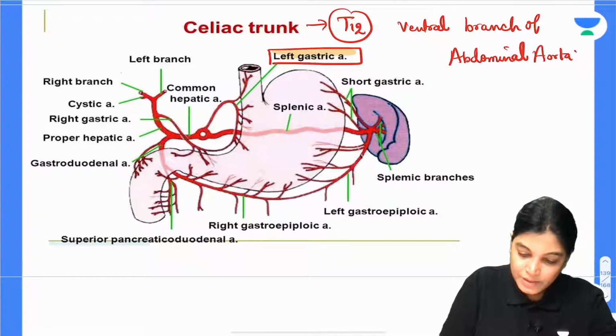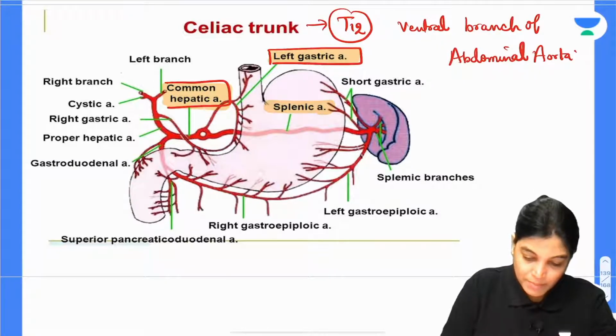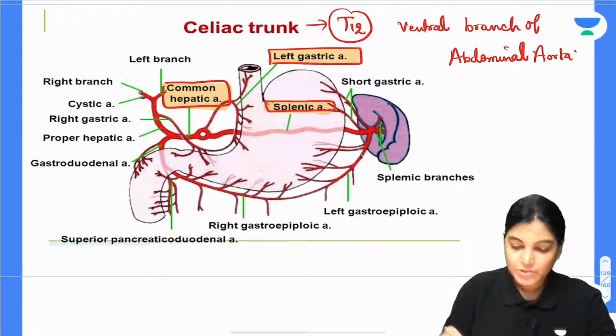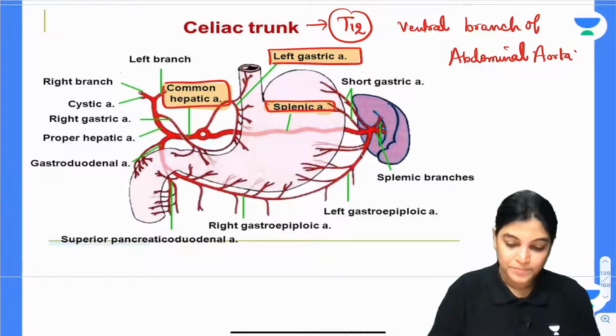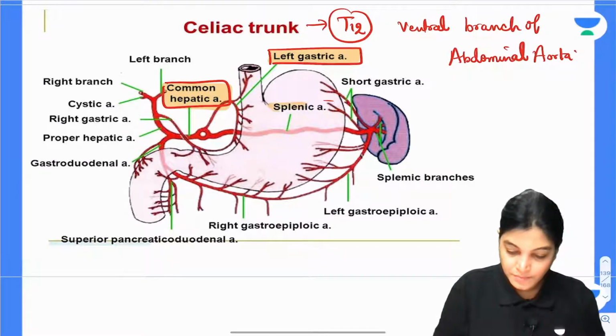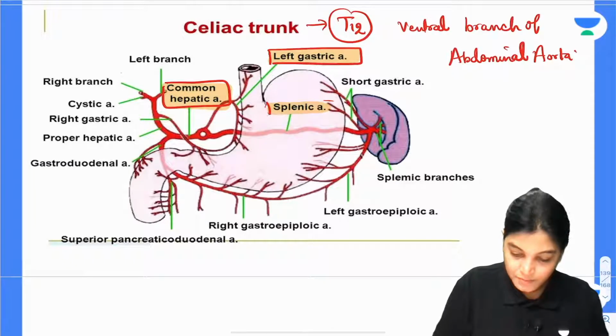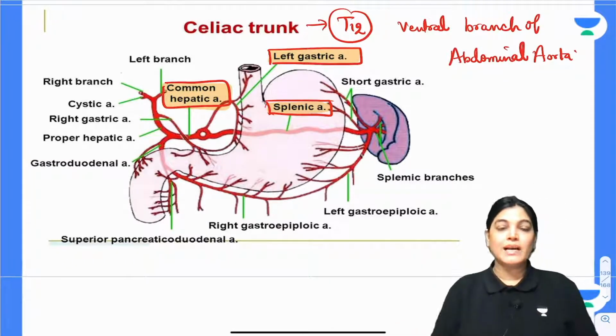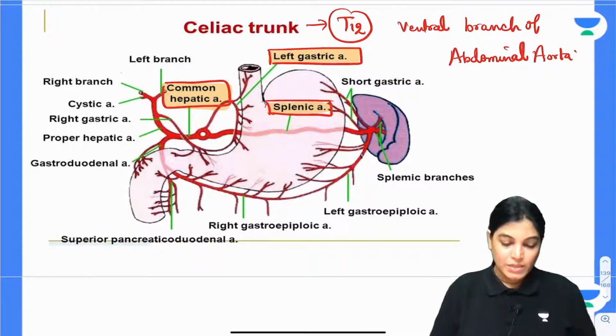It gives the left gastric artery, the splenic artery, and the common hepatic artery. So these are the direct branches.